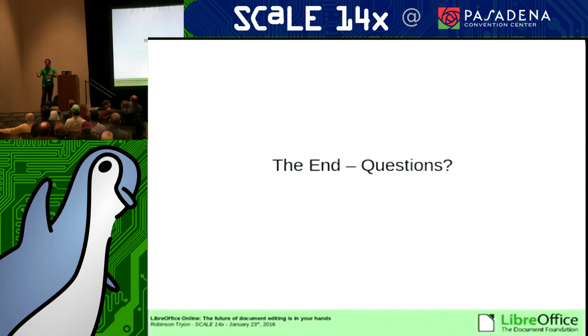I'll repeat the question. So you work at a hospital, and you're wondering about integration of security and so forth. So right now, you break it, you get to keep both pieces. In the demo, I believe LibreOffice is being connected as a plugin with OwnCloud, and so things like access control are all through OwnCloud.